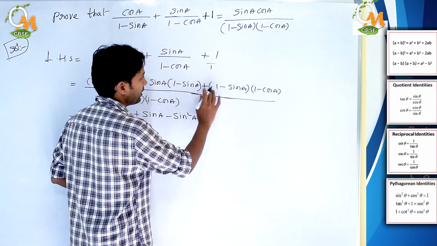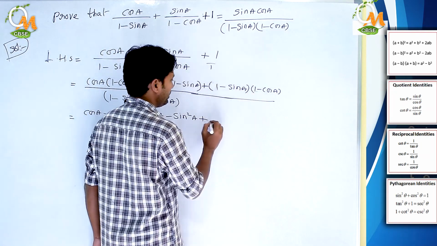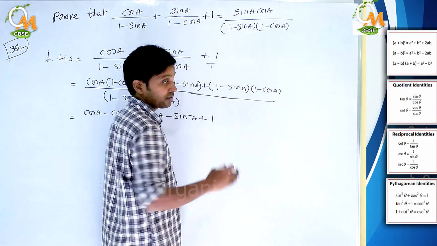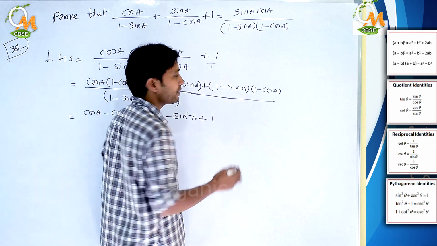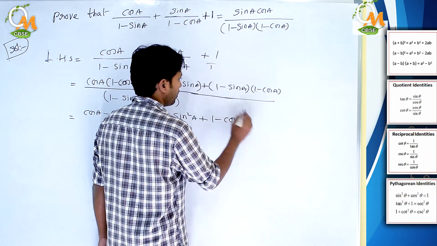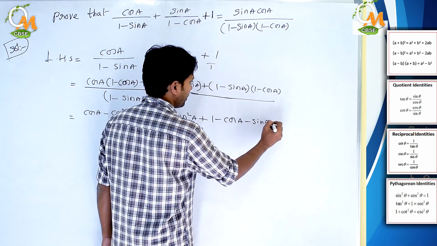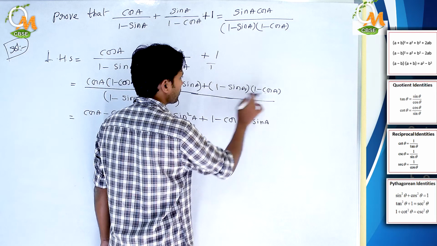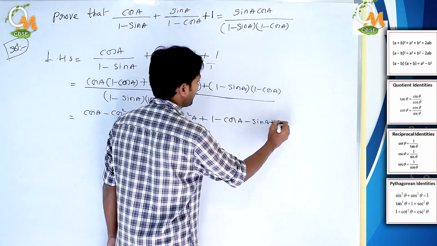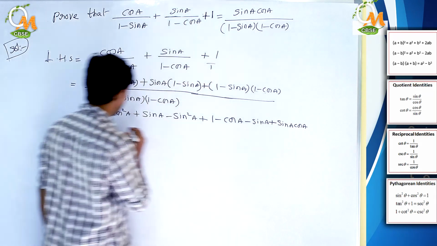Plus, now multiply these two expressions. 1 into 1 would be 1. 1 into minus cos A, the plus and minus symbols should also be multiplied, so that would be minus cos A. And minus sin A into plus 1 would be minus sin A. Now minus sin A into minus cos A, minus into minus becomes plus, and we get sin A cos A upon 1.